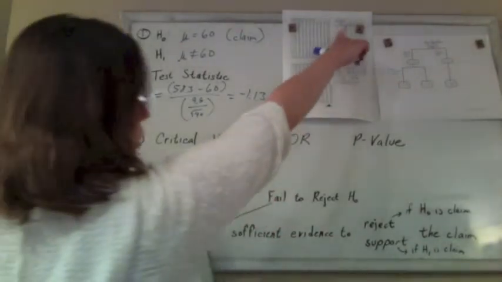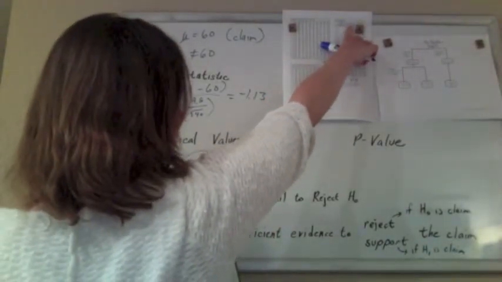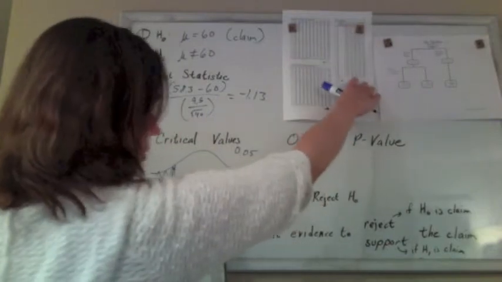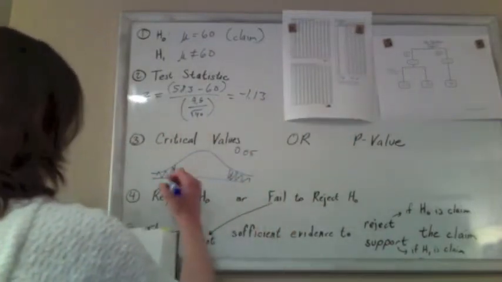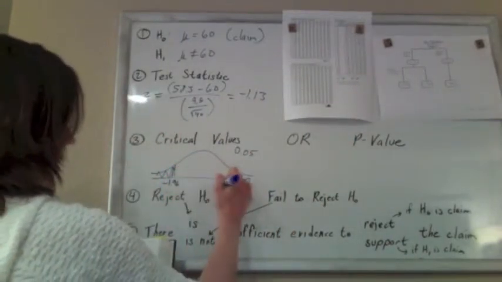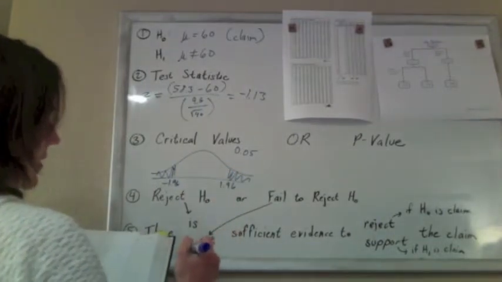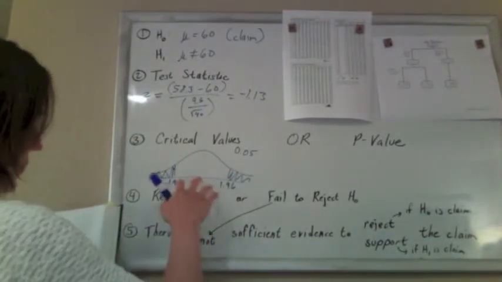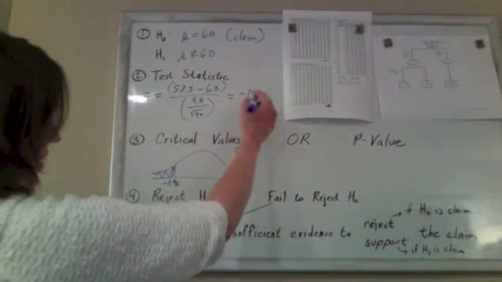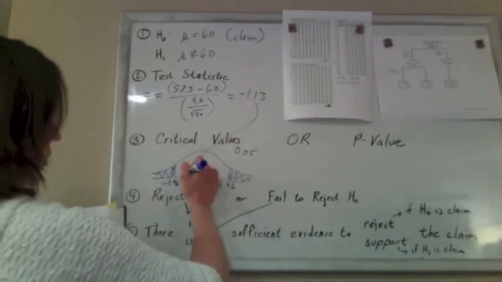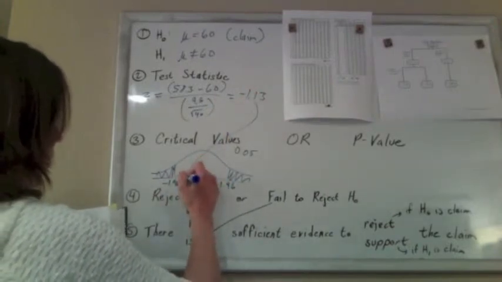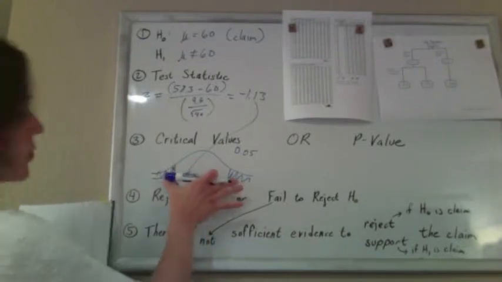So you go 0.05, two-tailed, and since it's a z, take it all the way down, and you'll get negative 1.96 and positive 1.96. And so our test stat is negative 1.13, so that does not fall in one of those rejection regions.